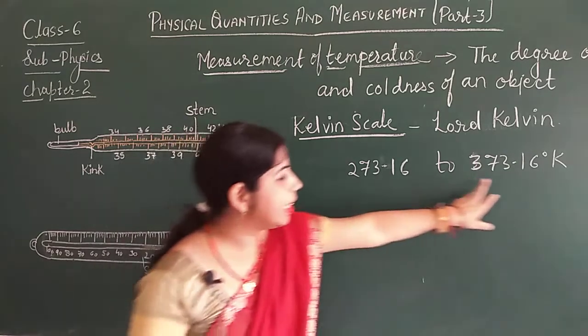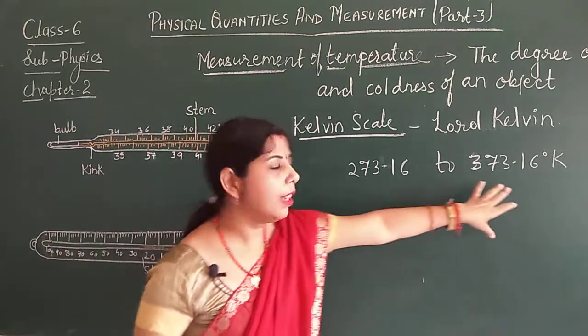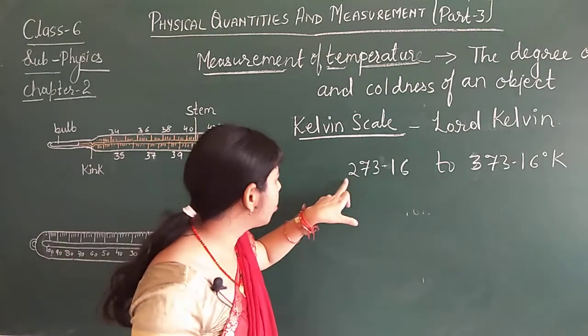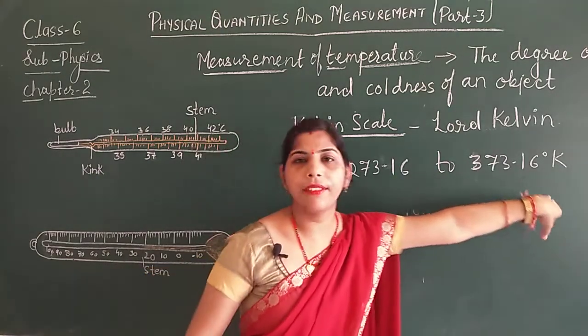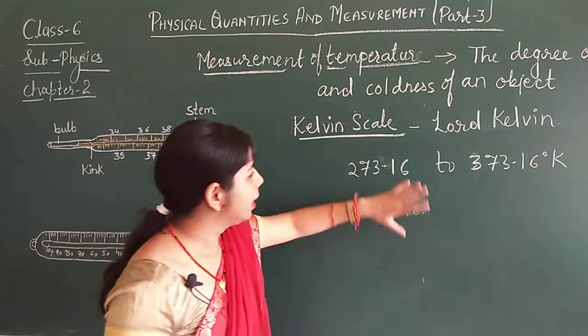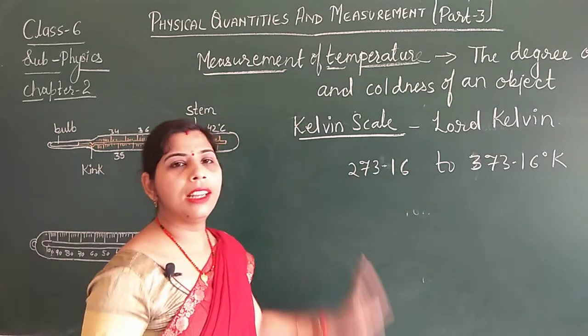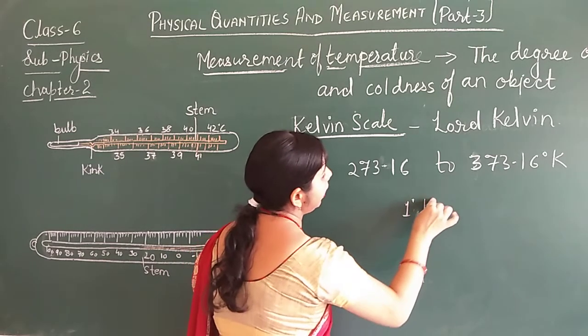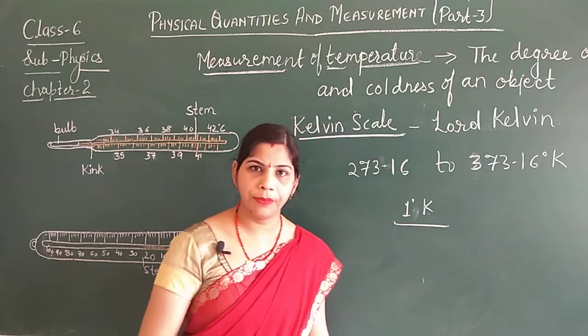Here again the total is 100 degree Kelvin, from 273 to 373, and the gapping is just like the Celsius scale, each gap denoted by 1 degree Kelvin.